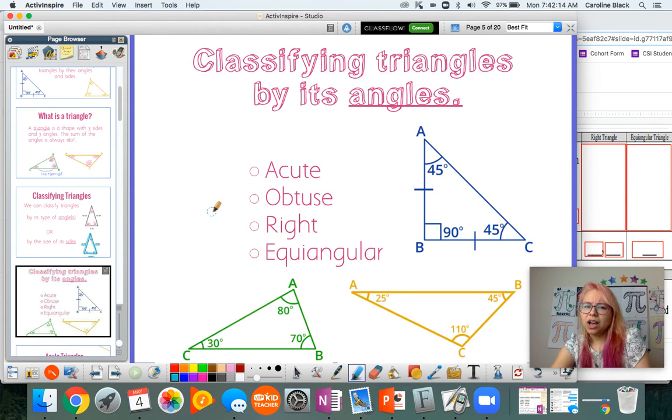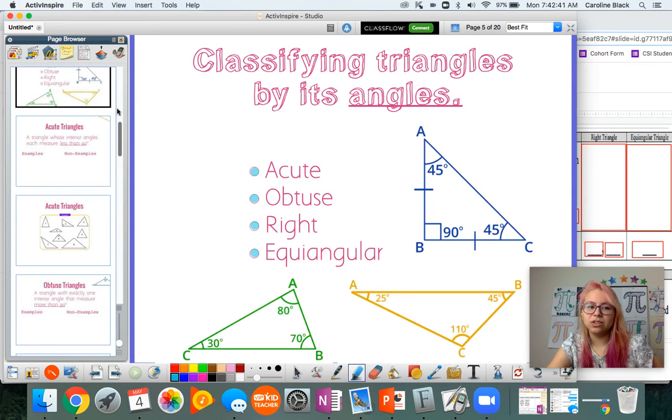So we can classify triangles by its angles, and those are called acute triangles, obtuse triangles, right triangles, and equiangular triangles. So there are 4 types of triangles if we're classifying them by their angles.